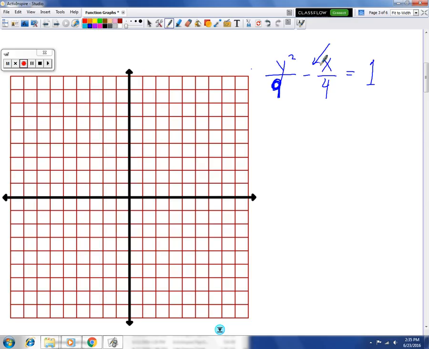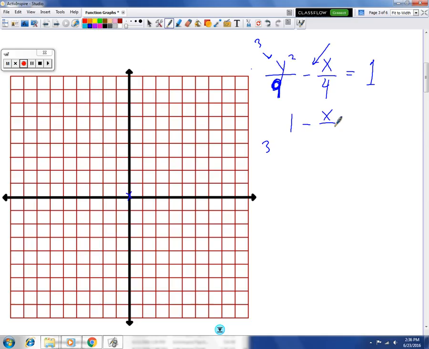What would I do? Well, I would use 3. The square root of 9 is 3. So this time I go up and down 3. Now, would I put a point there or not? Let's think about it. Would y equal 3 actually be a legitimate answer? If I plug in 3 right there, 3 squared is 9, 9 divided by 9 is 1.